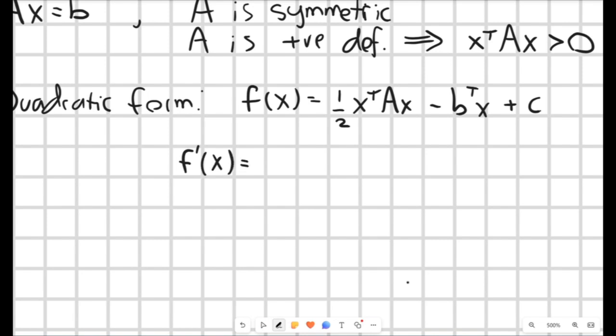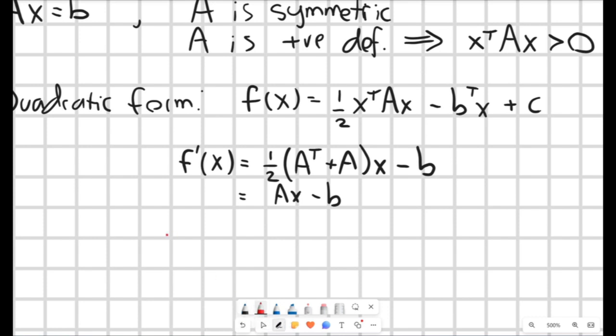Then just using standard vector calculus, this is equal to half A transposed plus A multiplied by the vector x minus b. And because A is symmetric, that is equal to Ax minus b.